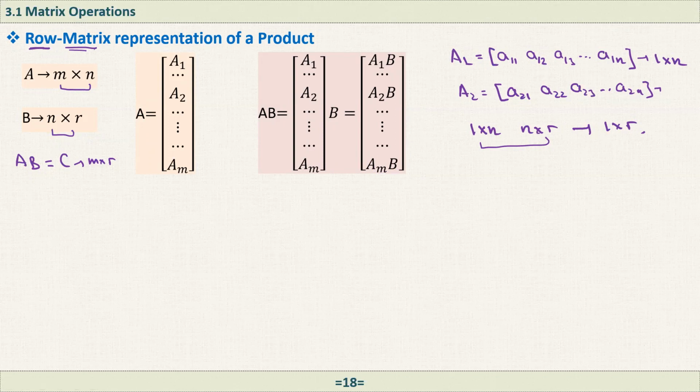That's called a row matrix representation, because here we are multiplying a row by a matrix. The previous one is the column matrix representation, because you are multiplying a matrix by a column.